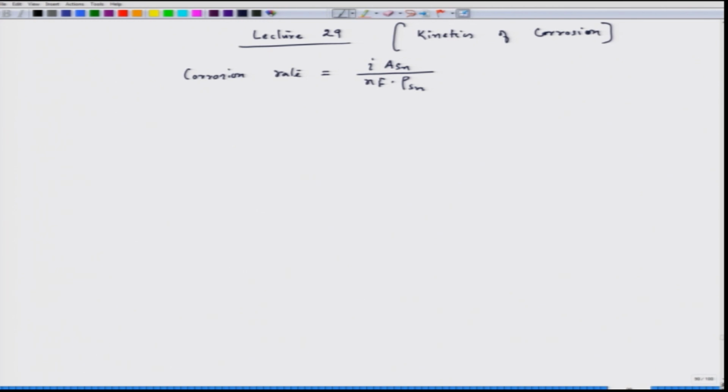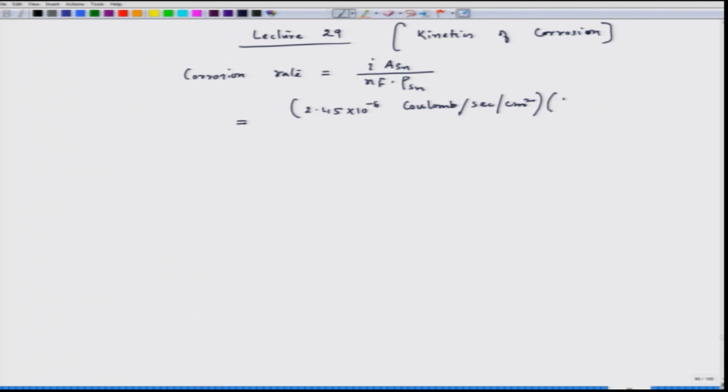We can write I as 2.45 into 10 to the power minus 6. It is basically ampere per centimeter square. Now, I will write it directly in terms of coulomb per second per centimeter square.